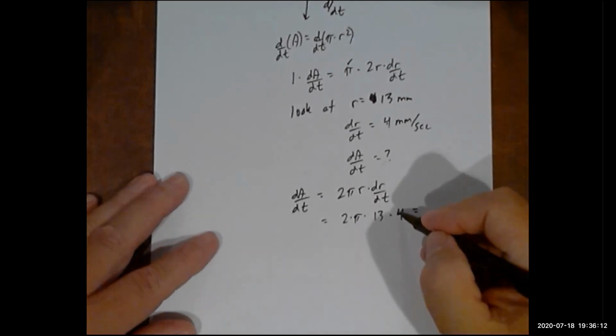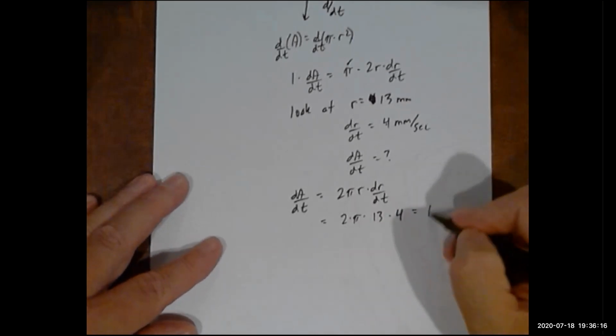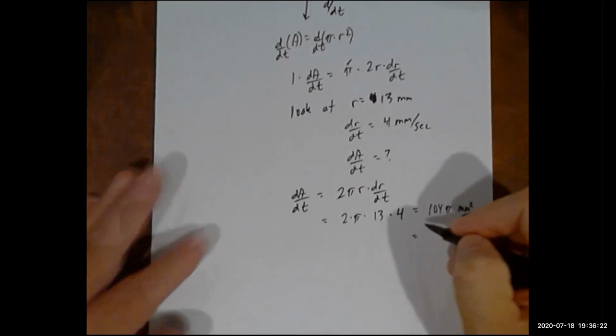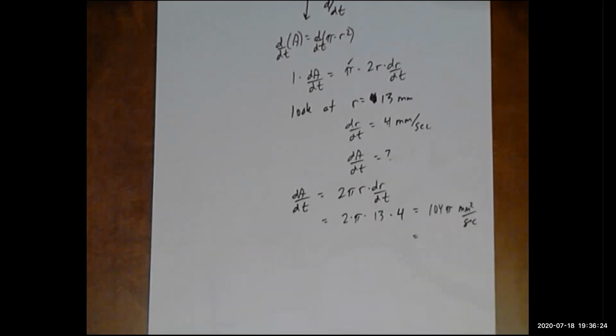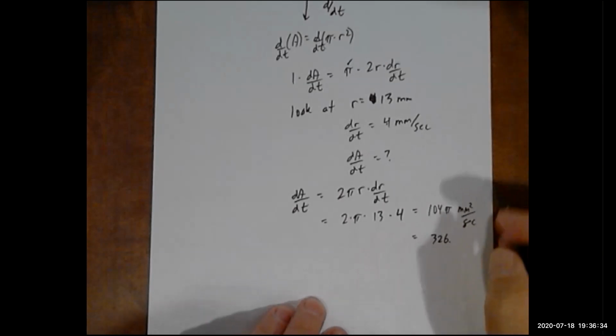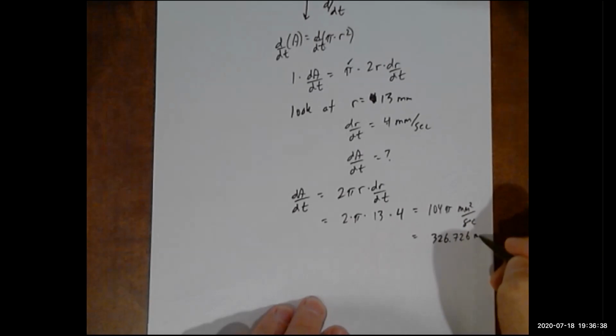Now, 4 times 13 is 40, 52, 104 pi. But I assume they're probably going to ask for a decimal answer. So 104 times pi, 326.726 square millimeters per second.